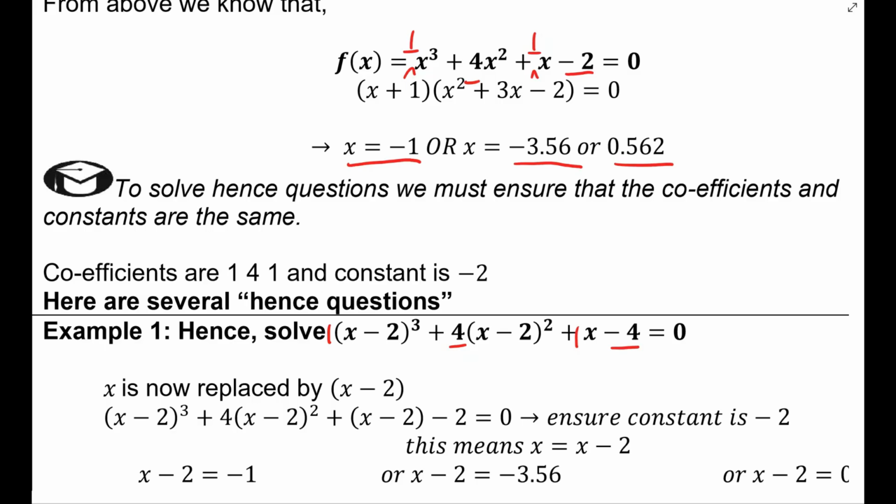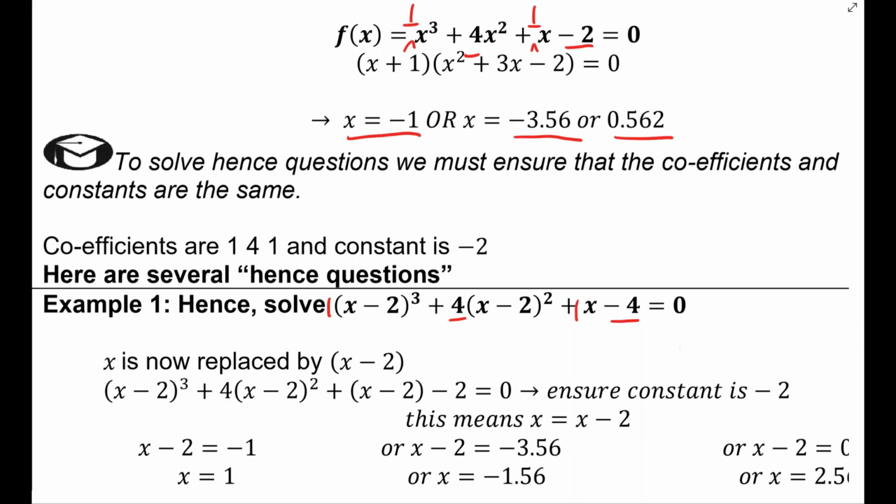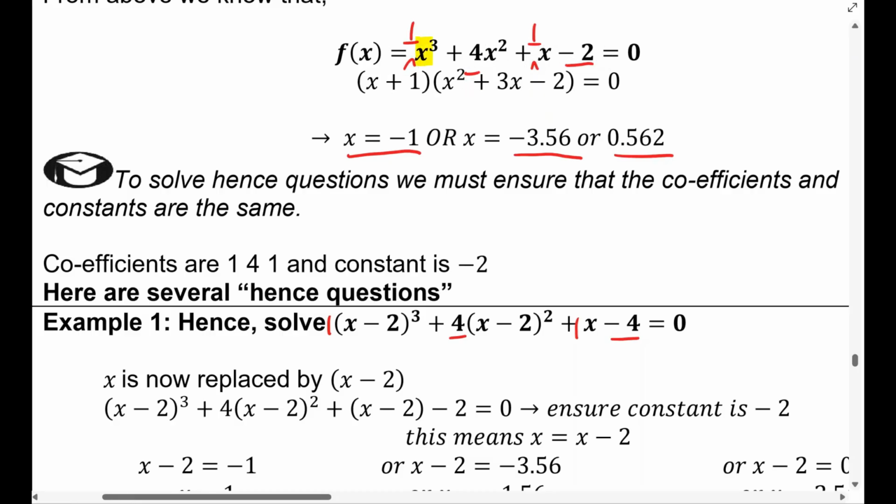Then you can identify that this will be some sort of manipulation from your part 1 answer. You can see that the x is replaced by x minus 2 inside the brackets.